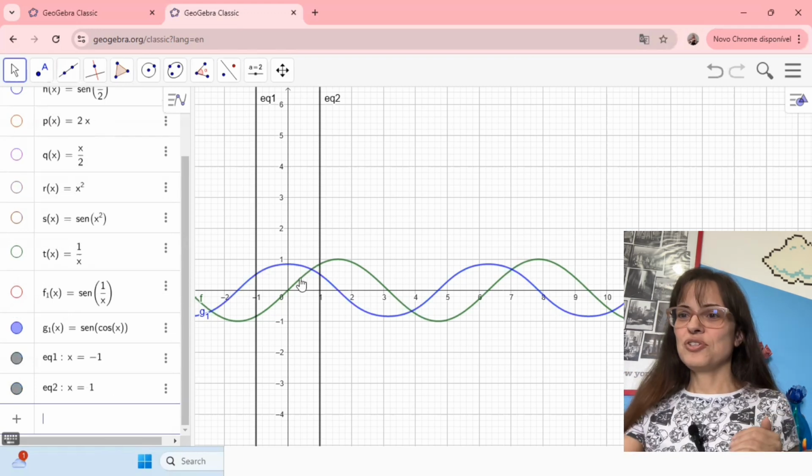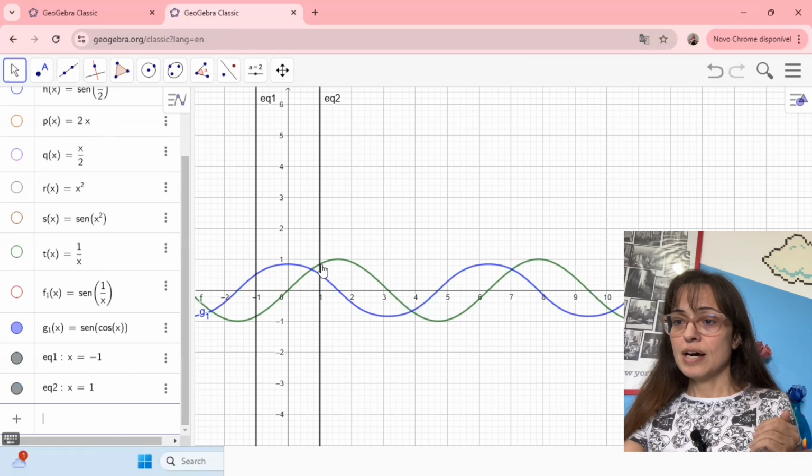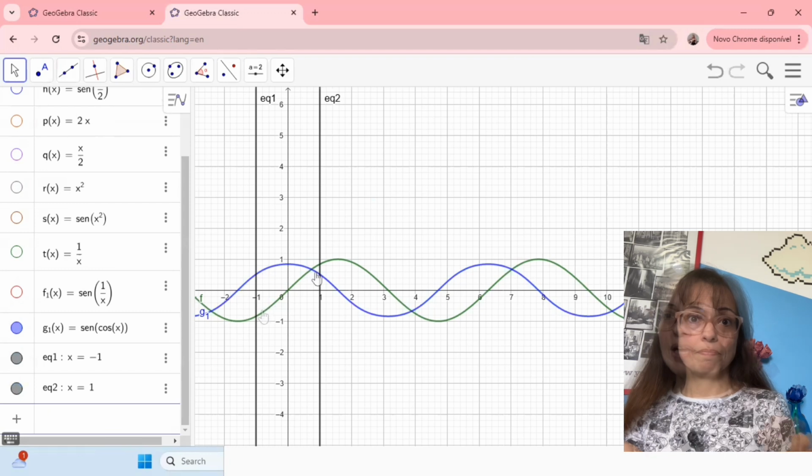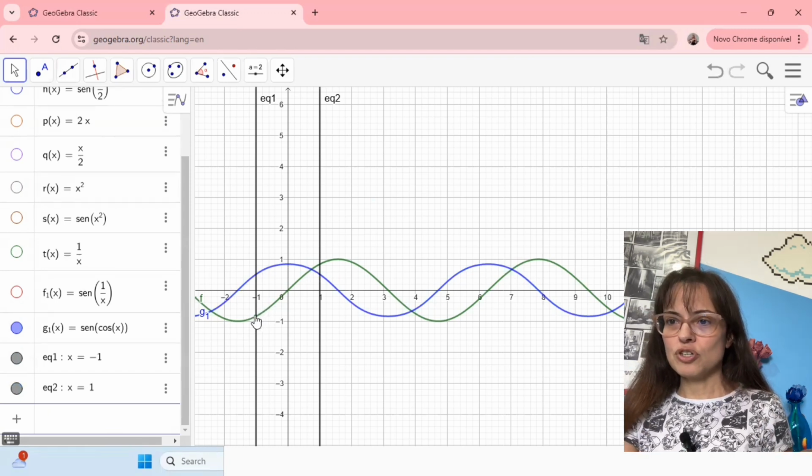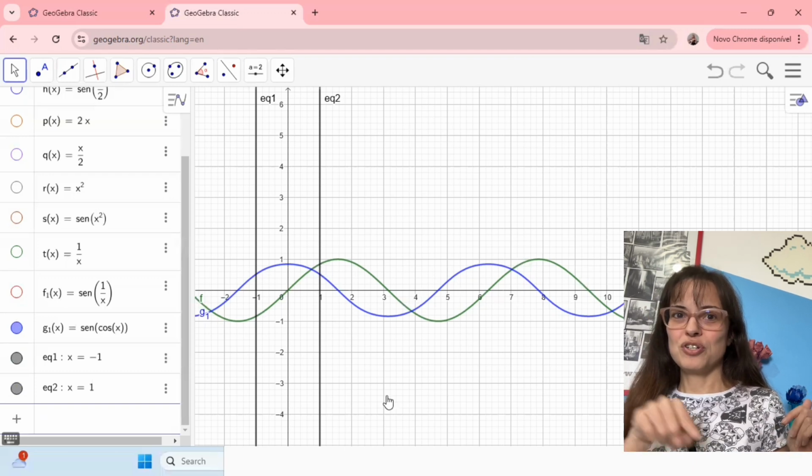So between these two vertical lines here, the outside function keeps going back and forth between these two points. And that's the value of the function. It's not quite -1 here. It's not quite 1 there. So that's what the blue function is doing, which is sine of cosine of x.